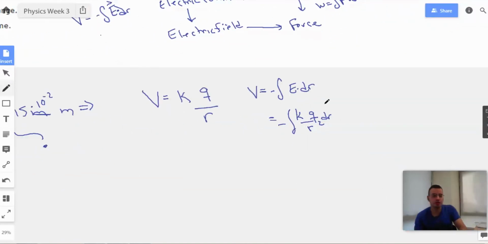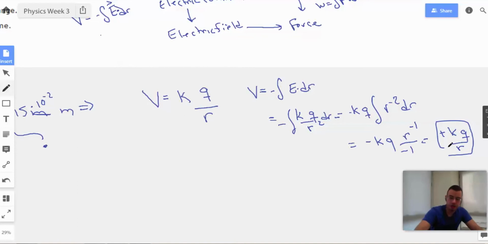For integrating, it's better to look at it as r to the negative 2 dr, which is negative kQ r to the negative 1 divided by negative 1. There's probably supposed to be a plus C in there. I don't care. Then you get positive, because you have a double negative, kQ over r.